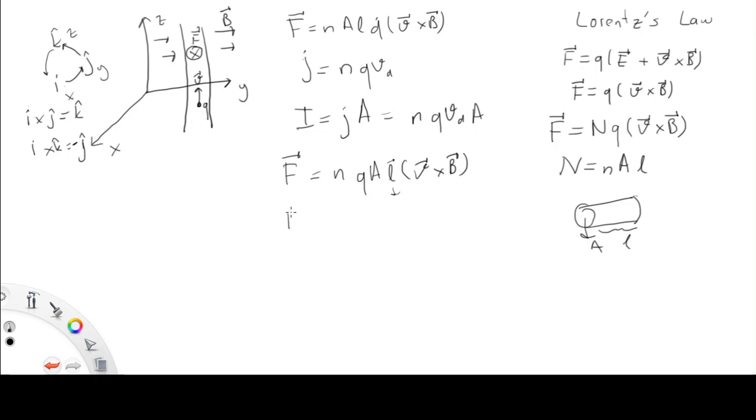So it becomes something like this, which was the magnitude of the current density.